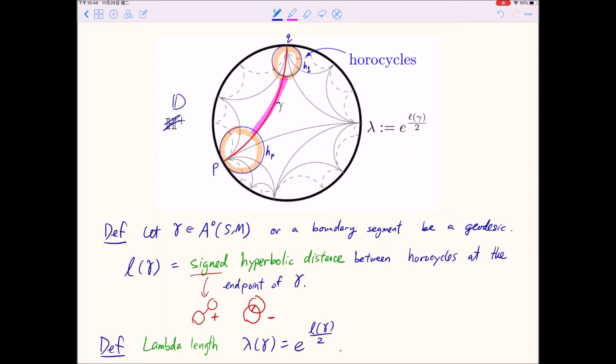Alright, so what we have done so far is that first we start with a surface, then we look at the universal cover in terms of the open unit disk or the Poincare disk model. And a triangulation of your surface will lead to a bunch of geodesics, circular arcs on this Poincare disk. So each arc will start and end at the boundary of your circle. Then for each puncture or each marked point of your surface, which lies on the boundary, we choose a horocycle.